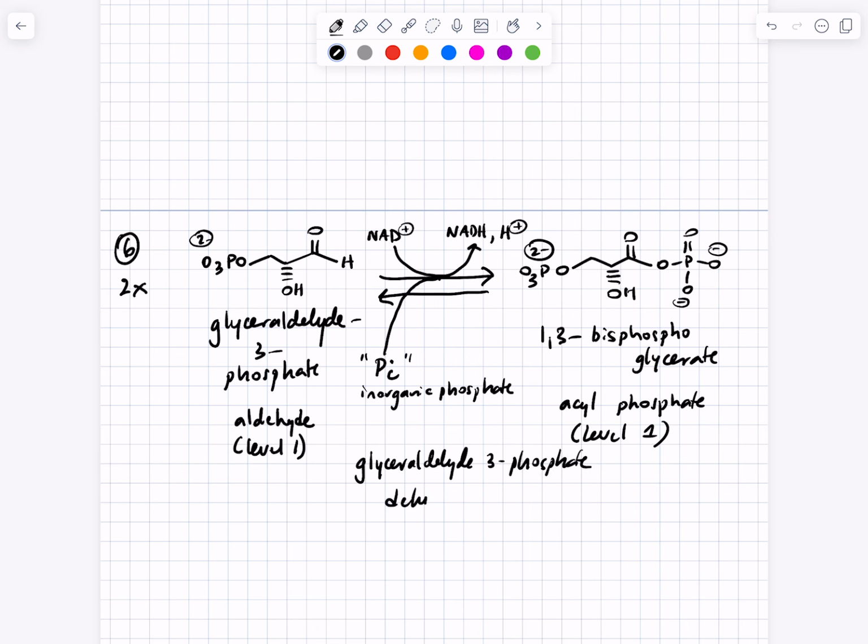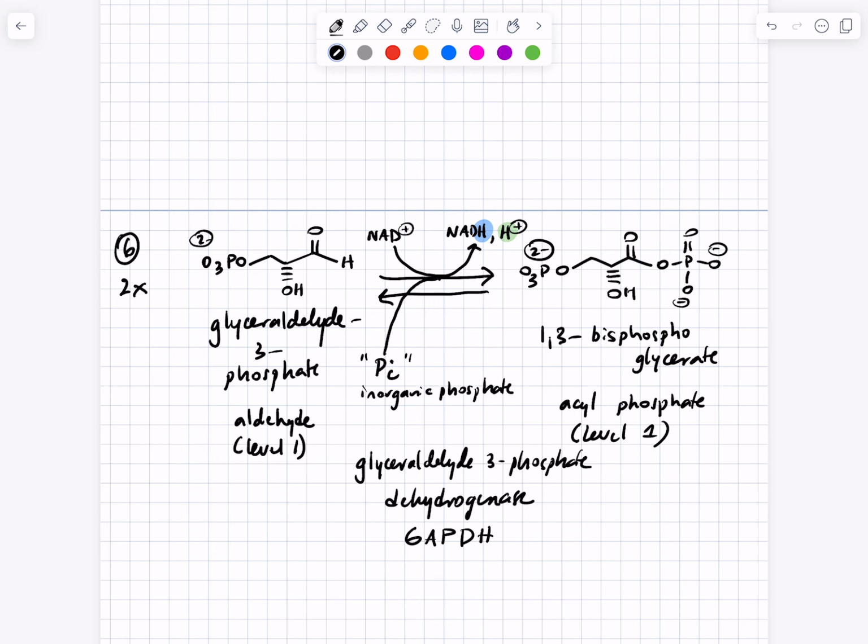And it's called a dehydrogenase because it's an oxidation enzyme that removes a hydride in blue and then a proton in green from the molecule. This enzyme sometimes gets abbreviated in your biochemistry text as GAPDH, and you may hear about that. It's a pretty ubiquitously expressed enzyme in nature.